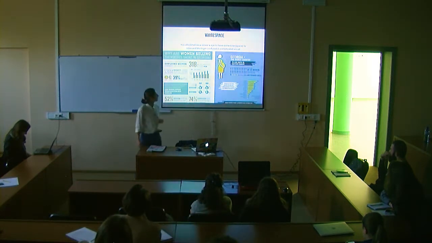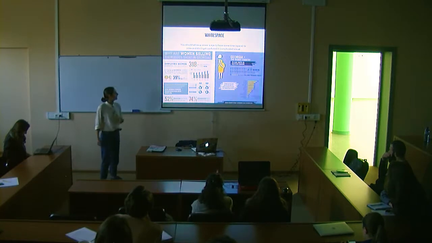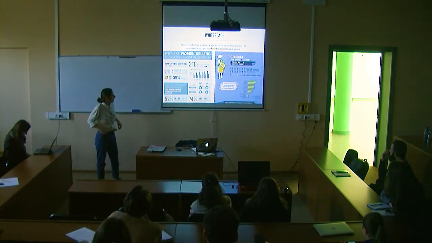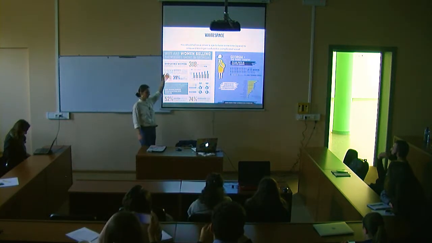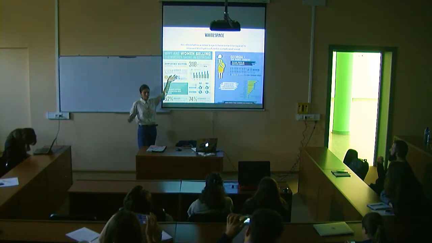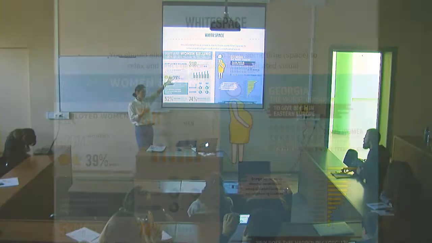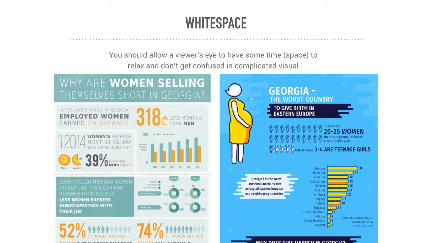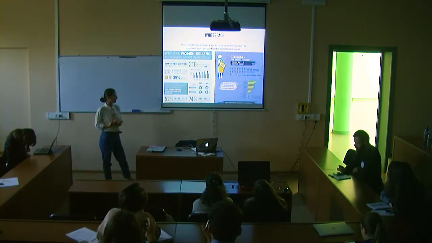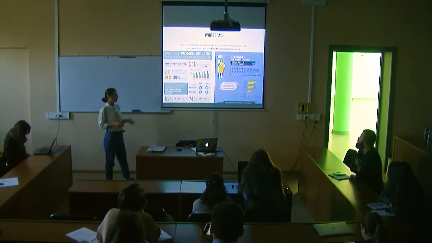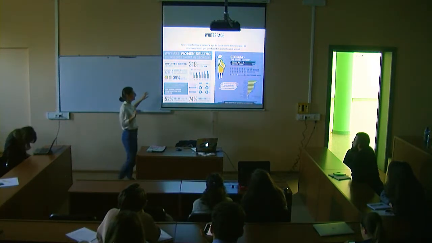So let's continue. Yeah, for example, this is work by my friend, not mine, and I think it's too loaded with information and it misses some white spaces, but we had another possibility in this case.